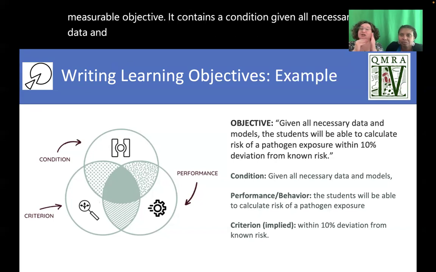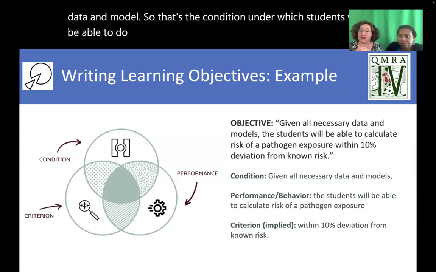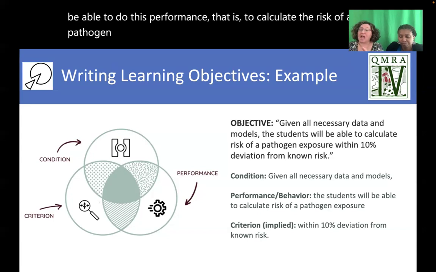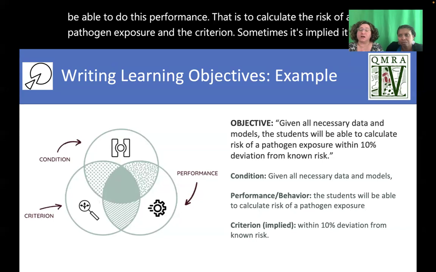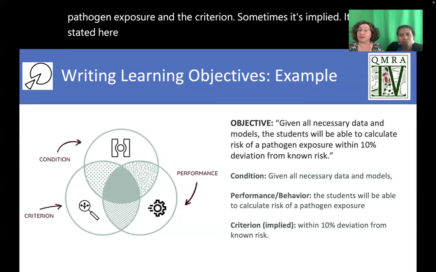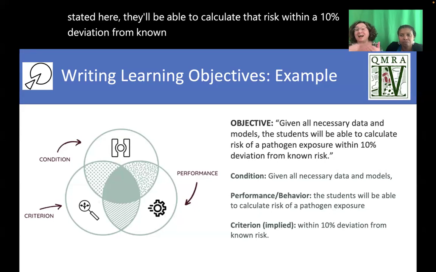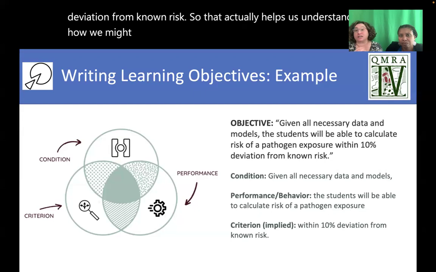That's the condition under which students will be able to do this performance, that is, to calculate the risk of a pathogen exposure. And the criterion, sometimes it's implied, but it's stated here: they'll be able to calculate that risk within a 10% deviation from known risk. That actually helps us understand how we might assess this learning objective, and we'll cover assessment in a later module.